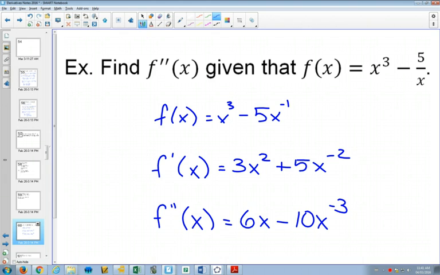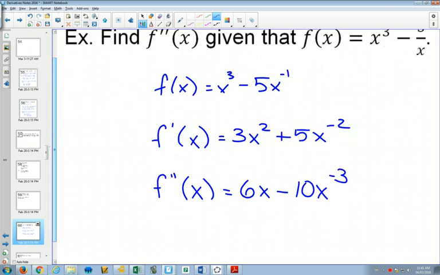And if you want to find the third derivative, you could go again and again and again. You could probably even, this one wouldn't be too hard to figure out the pattern and write out what the nth derivative looks like.